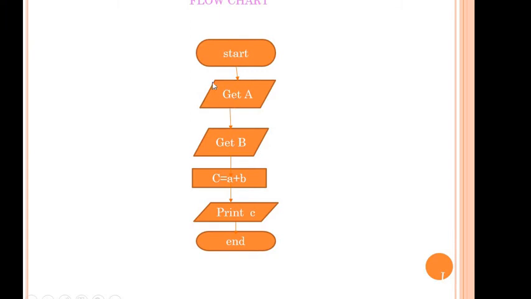Then, to get a value, they use the parallelogram symbol. To get the value as well as to print the value, for input as well as for output, they use the same symbol. They are getting a value here, getting the B value.